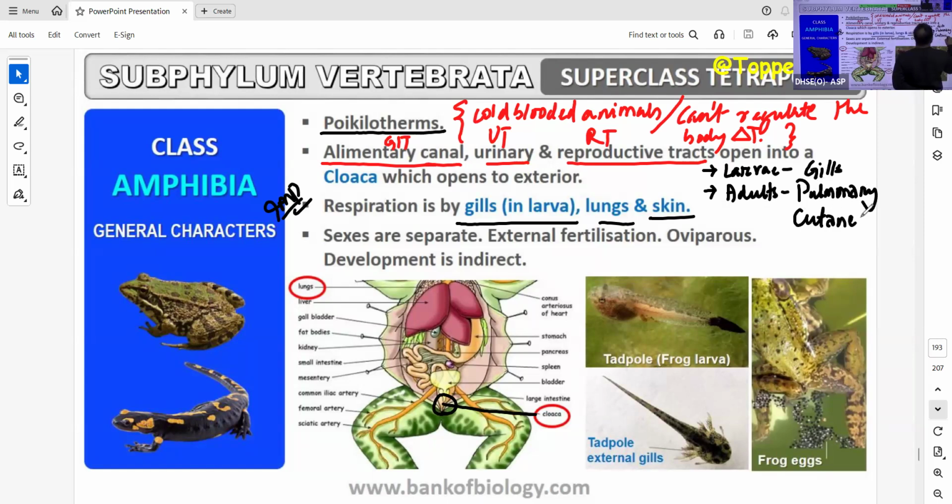cutaneous, that is through moist skin. Pulmonary, lungs; cutaneous is skin. Okay? And in certain cases like frogs, you can also see buccopharyngeal.